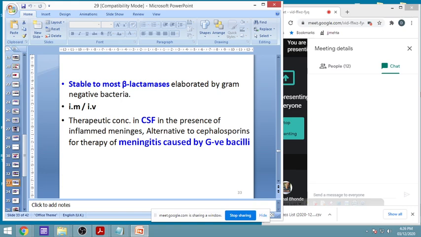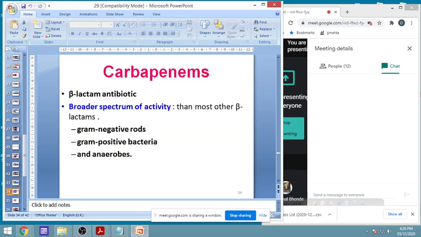So that is rather a good sign. That means only if there is inflammation of the meninges will it cross. Otherwise, there will be no chance and no adverse effect. So here also the same thing is there. The therapeutic concentration in CSF will be higher with inflamed meninges, and therefore it is an alternative to cephalosporins for therapy of meningitis caused by gram negatives.